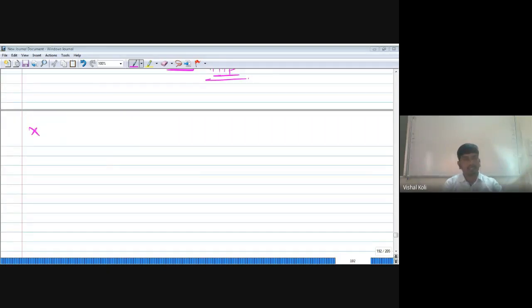Now the second one. Actually there are two results depending on the definition of measures: mutually singular measures and absolutely continuous measures. First we will see the absolutely continuous measures. Gamma 1 is absolutely continuous with respect to mu, and gamma 2 is absolutely continuous with respect to mu, where gamma 1, gamma 2 and mu are measures.